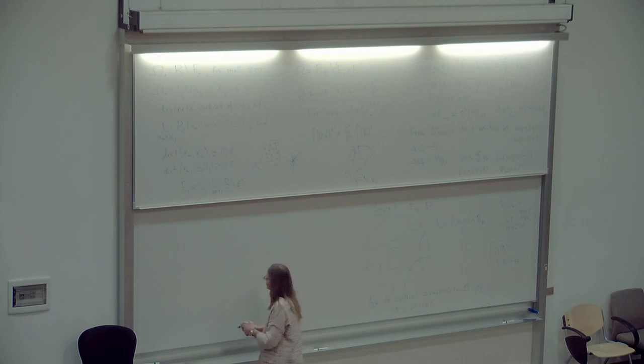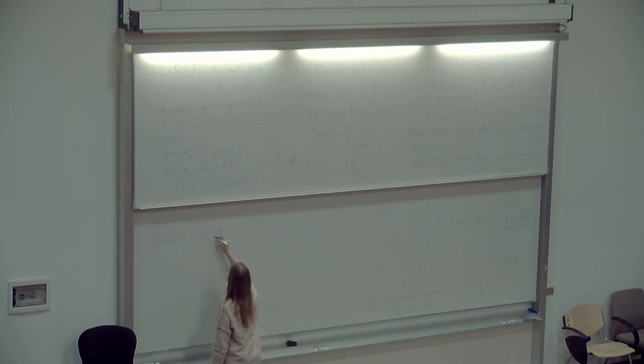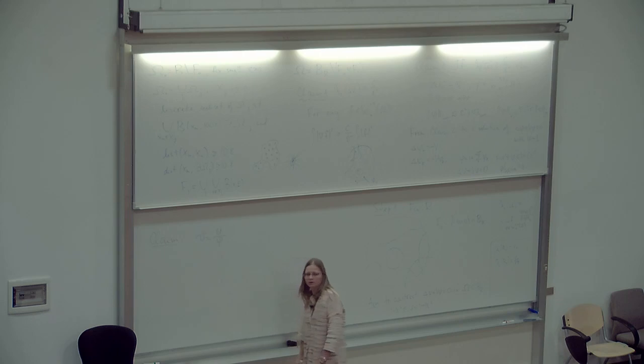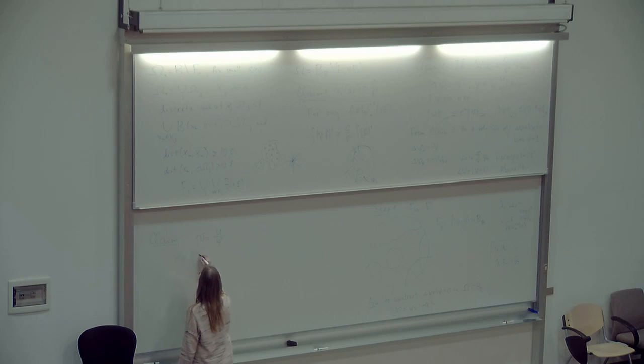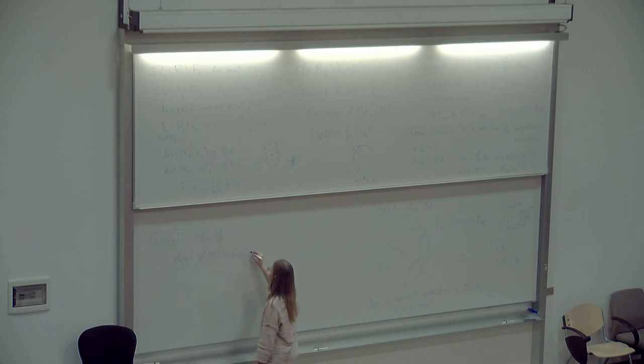Then the next claim, that is one more technical thing to check, is that when you define a function v that is the ratio of your initial solution u and this phi, just the algebra will tell you that the divergence of phi squared gradient v is the divergence of phi gradient u minus u gradient phi.